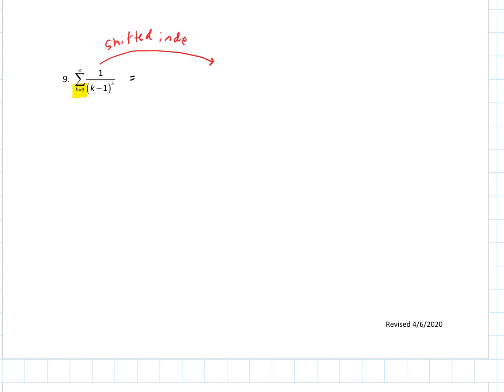It's very similar to a series from, let's use a different letter like j, to the third. It's just a shifted index.